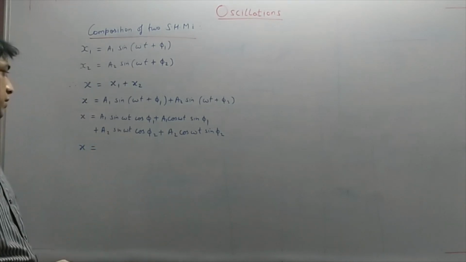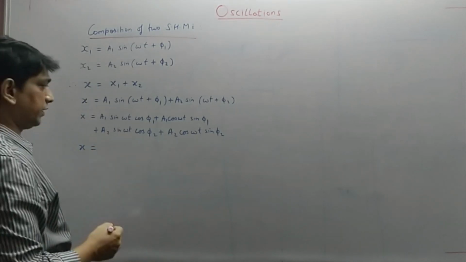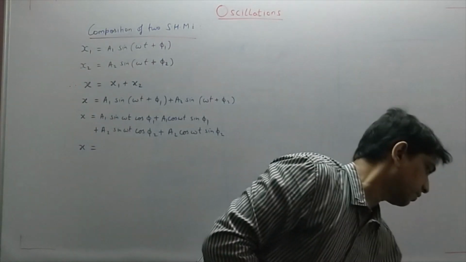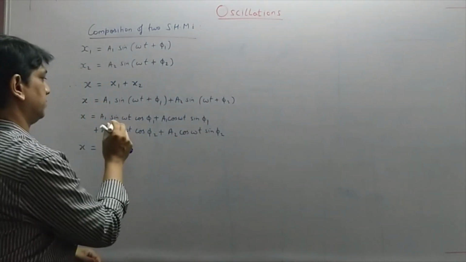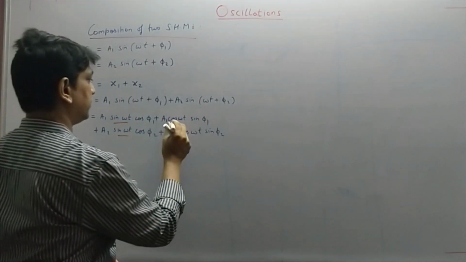X is, what common thing can you take from here is we are having sin omega t, and here we are having cos omega t.